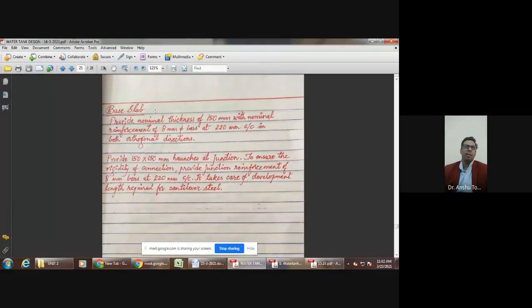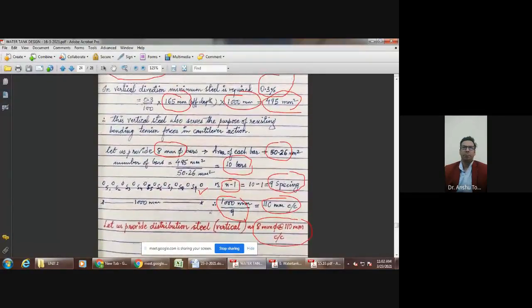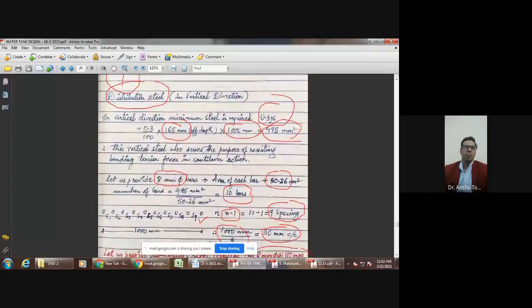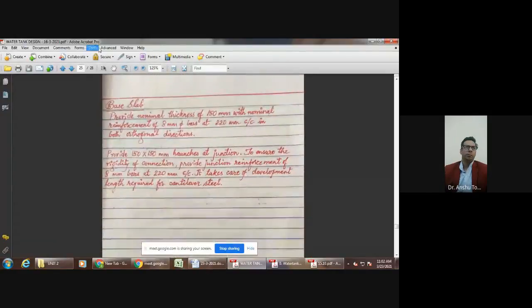Now the base slab, which is going to be step number 8, the last step, because the tank is resting on the ground.